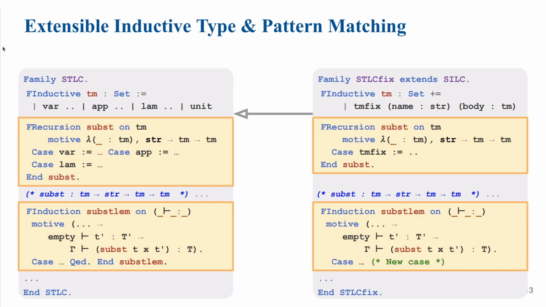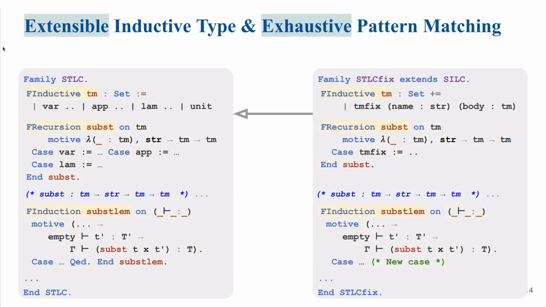Accordingly, we introduce two commands, FRecursion and FInduction, for doing pattern matching and induction reasoning on extensible inductive types. Now that inductive types can possibly be extended, how do we ensure pattern matching remains exhaustive?